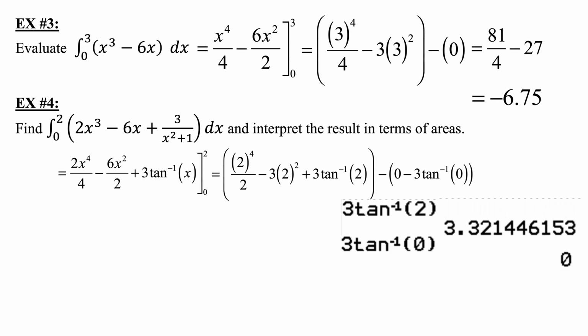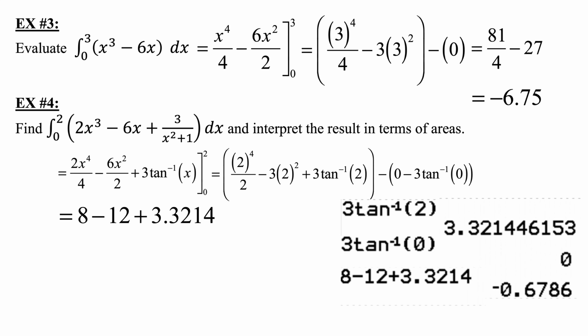And then the inverse tangent of 0 is 0, so that whole thing is just minus 0 on the right. We don't need that anymore. But we're going to have to take that decimal value. We're going to have 16 over 2, or 8, minus 12, plus that 3.3214. We're going to have to enter that in the calculator, and it comes out to be negative 0.6786. So again, that's interpreting that more area is below the x-axis than above the x-axis.